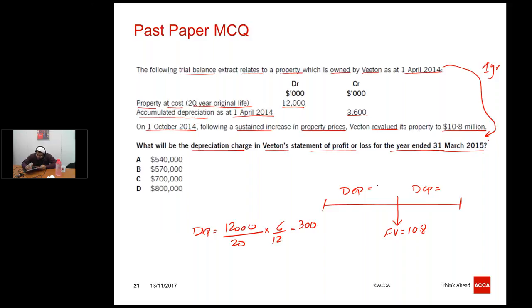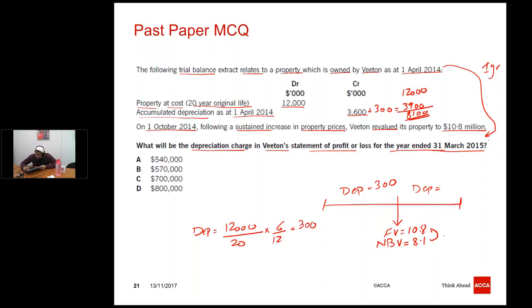So the depreciation of the first 6 months is 300, and the net book value on this date is going to be 12,000 minus total depreciation of 3,900, which is 8,100. So the net book value is 8.1.